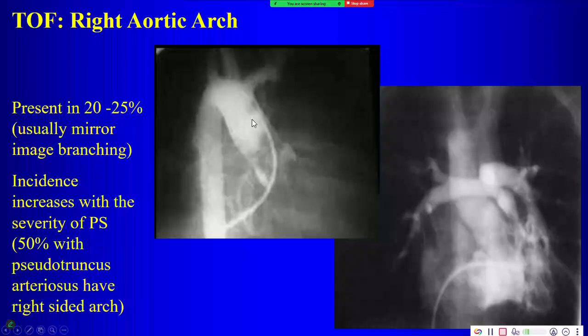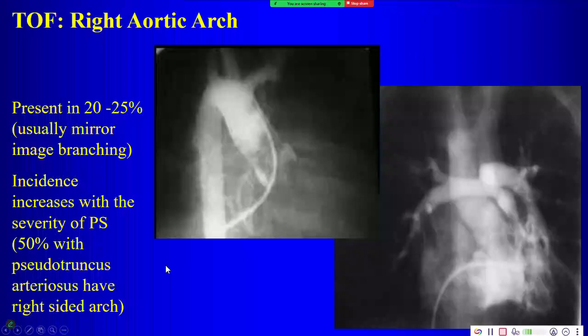So right aortic arch is also strongly associated with tetralogy, about 20 to 25%, and it's a right arch with mirror image branching. So the branching is just the opposite of the normal arch. Mirror image branching is associated with congenital heart disease, and if we have a right arch with congenital heart disease, then we usually have mirror image branching.